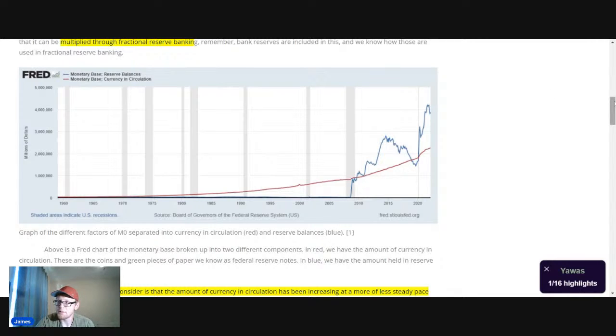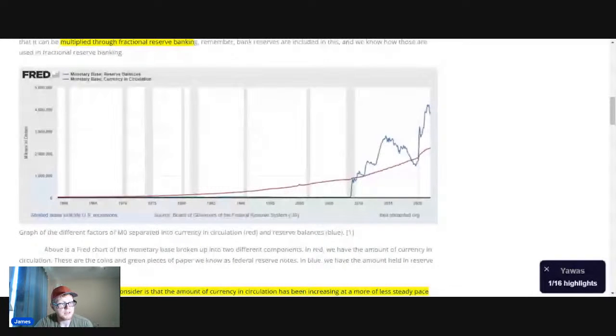But what really got me thinking was especially right here with 2019, because one of the things I've brought up a few times, and I've heard a lot of people in the space talk about, is the whole repo spike that happened at the end of 2019, which is right here. In one of the Federal Reserve staff reports, I think from the New York Fed, they attributed that repo spike to there not being enough reserves in the system.